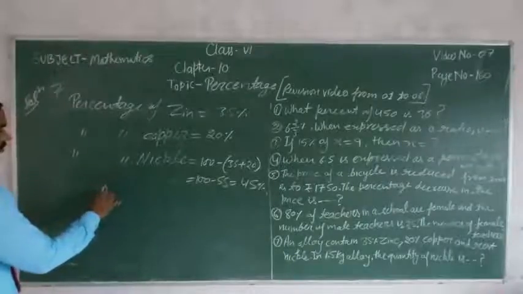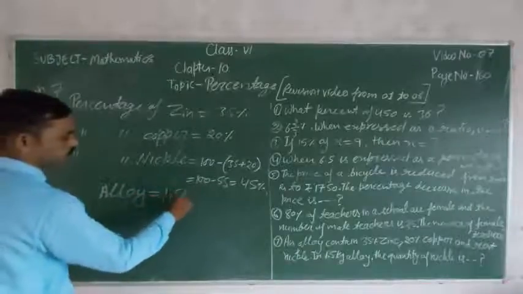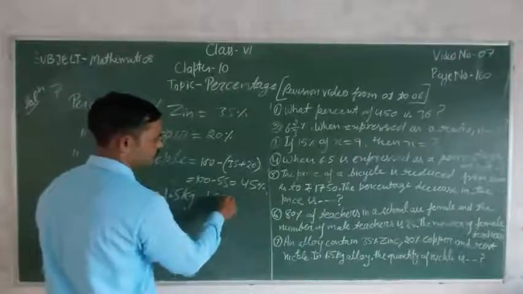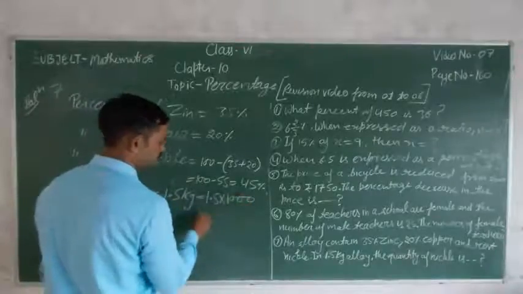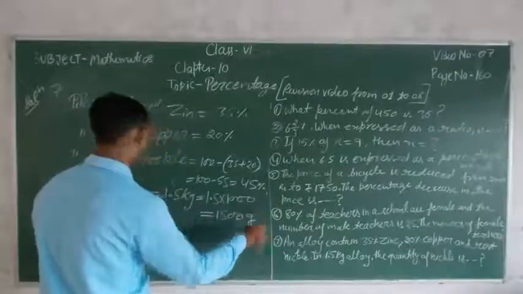Now according to the question, alloy is equal to 1.5 kilogram, that is 1.5 multiplied by 1000, that is 1500 gram.